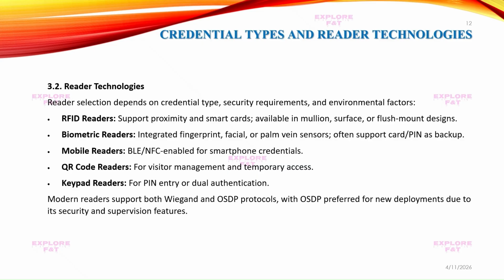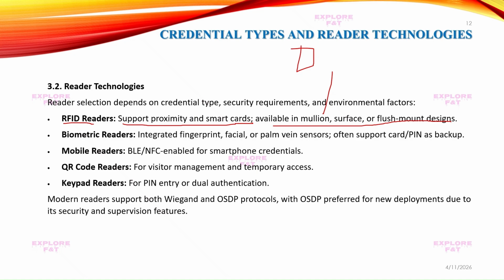Next one is reader technologies. Reader selection depends on credential type, security requirement, and environmental factors. RFID readers support proximity cards and smart cards, and are available in mullion, surface, and flush mount designs. You know what is mullion? Mullion means it's slim and can be installed on a glass frame somewhere.